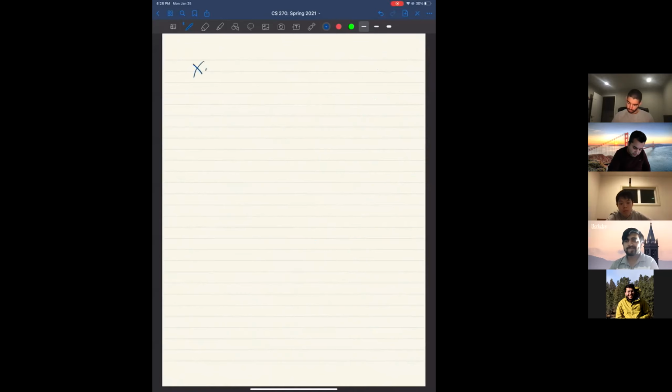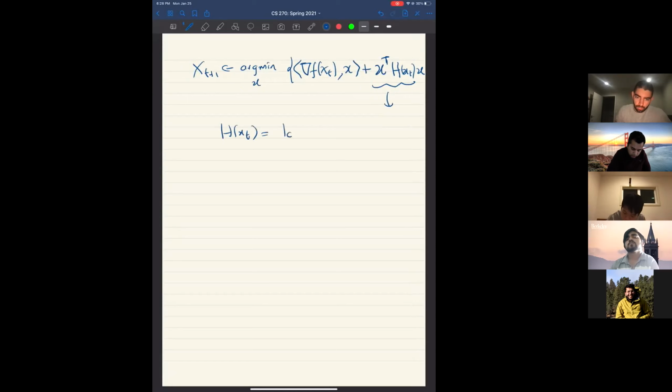So if I did xt plus 1 is argmin over x of the linear part, which is gradient f of xt inner product x, and then the penalty, I'm going to use a quadratic: x transpose H of xt x, where H of xt is the local Hessian of the function.